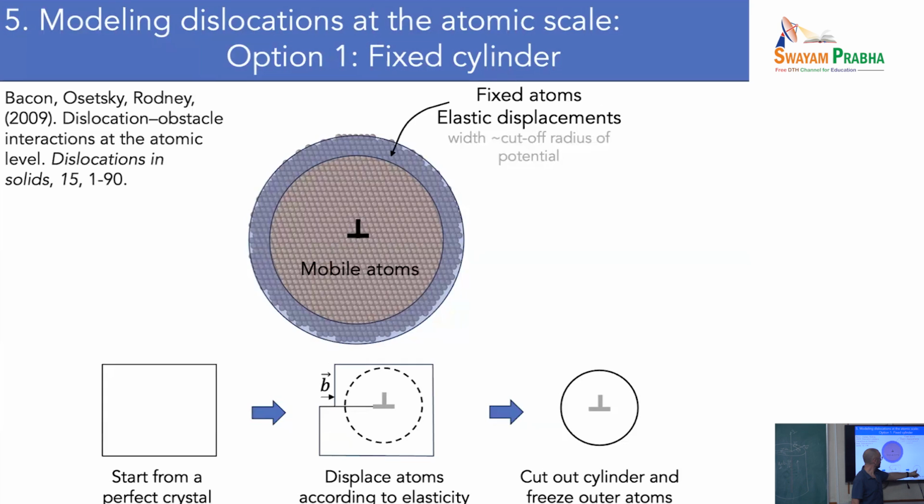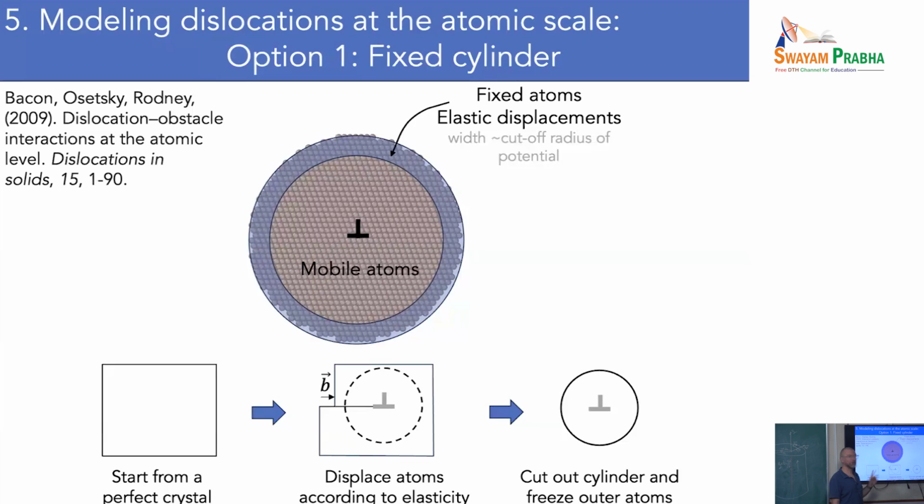And then if I don't want the dislocation to move away, in this cylinder I define an outer region where I fix the position of the atoms at their initial positions. And then I do an energy minimization for the atoms that are inside this mobile region, keeping the atoms outside fixed.